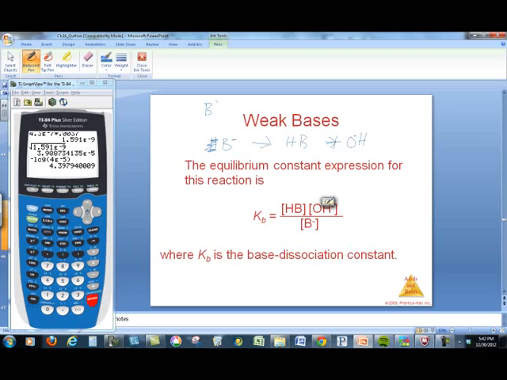This is not all that intuitive to write this way, right? But if I remember, I have NH3 and it becomes NH4+, that's the HB plus the OH- that's left. So that's the general form you want to use. And Kb is the base dissociation constant.